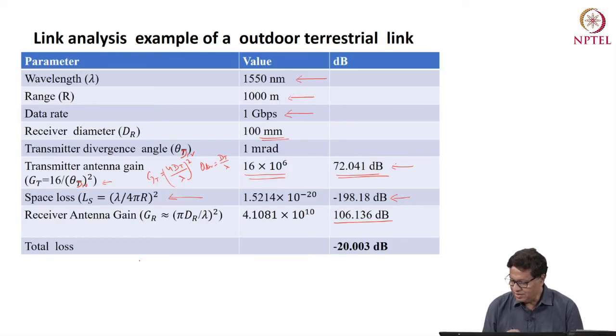So effectively, there's a loss here, but there's a gain because of the transmitter antenna and the receiver. So the effective loss is still minus 20 dB, because the loss because of the space is high.